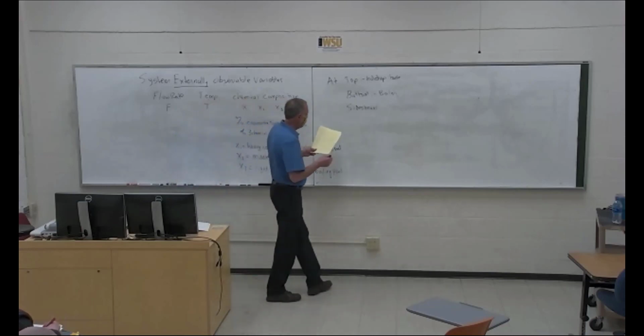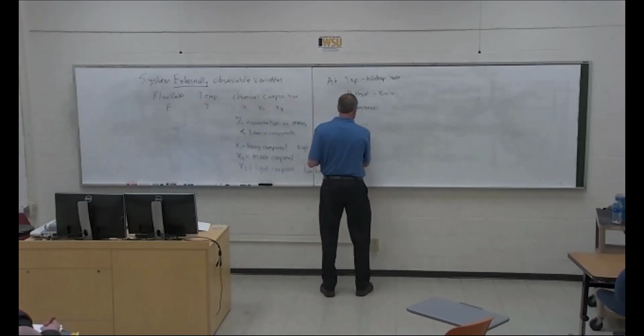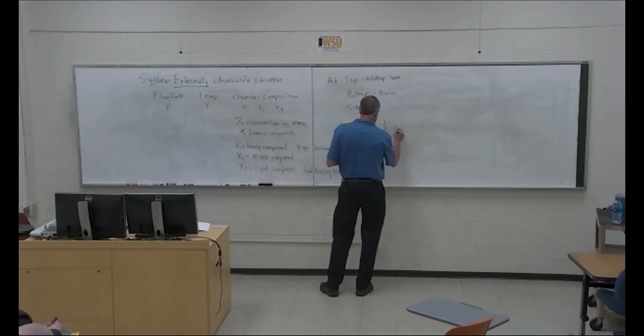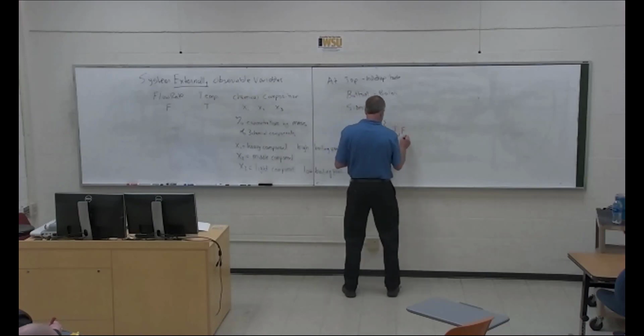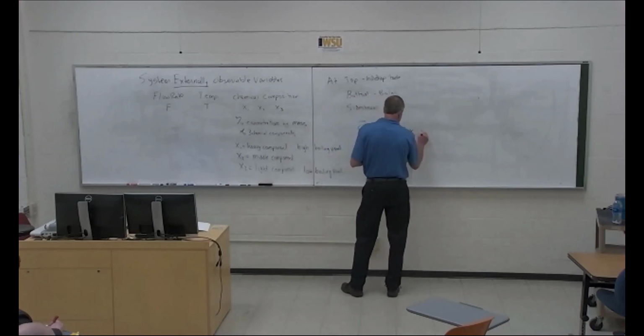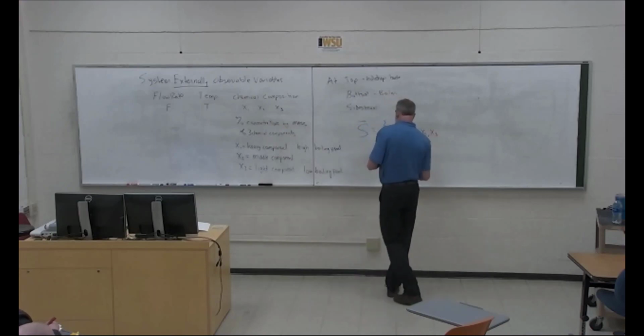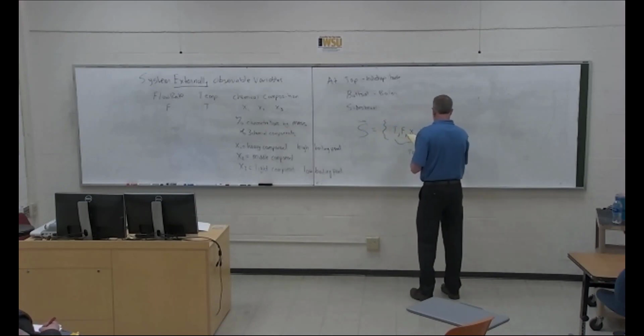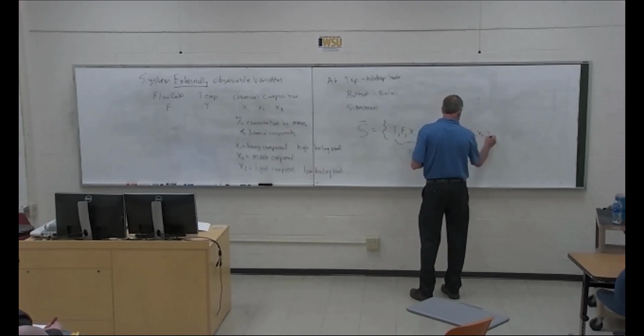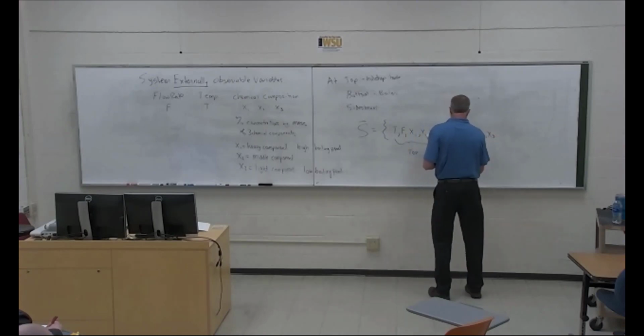So the state variable, the collection of variables that were used to describe the system: temperature, feed rate, X1, X2, X3 at the top. Temperature, the feed rate, and X1, X2, X3 at the bottom.